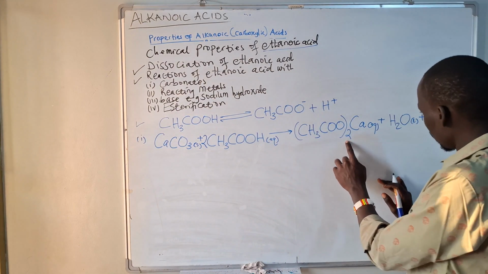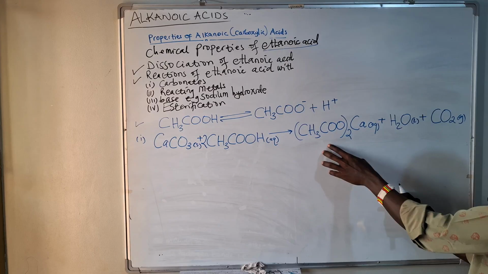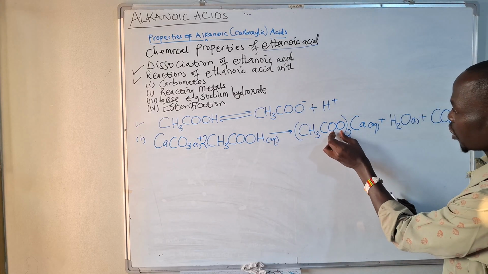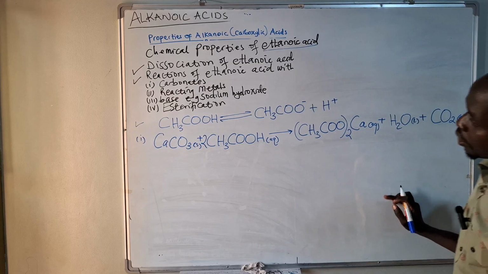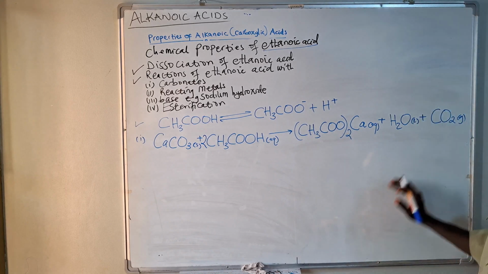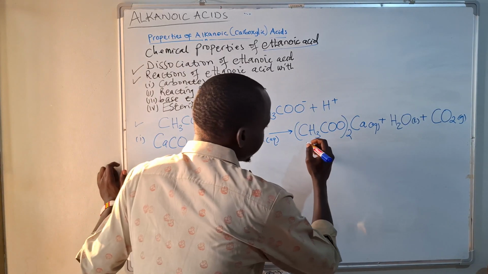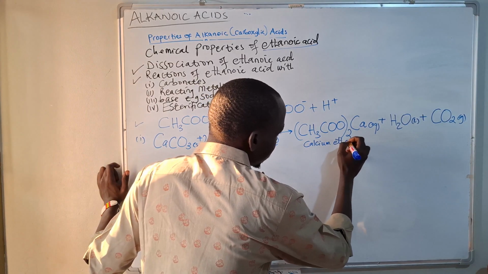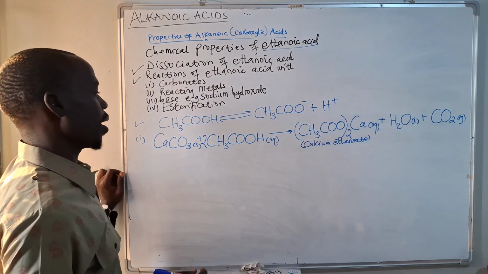About here, we shall have 2 times 3, 6 hydrogen atoms plus 2, we shall have 8. Oxygen, we shall have 4 plus 3, 7. Calcium 1, calcium 1. So this is the reaction. They react to form calcium ethanoate. This one is a salt we're talking about.